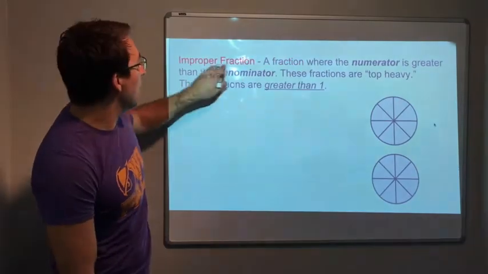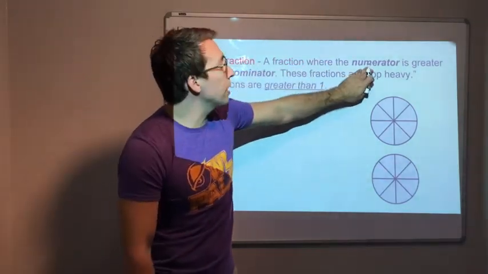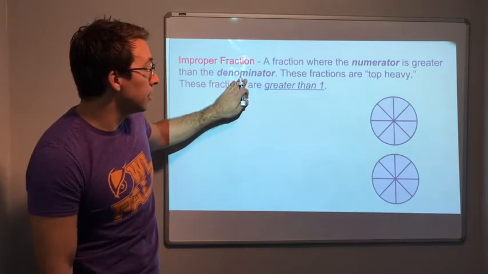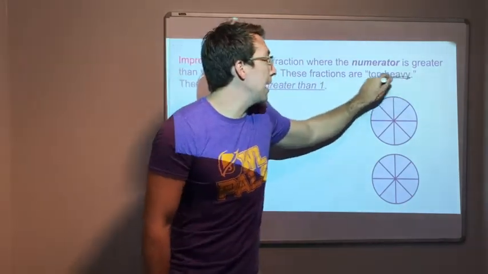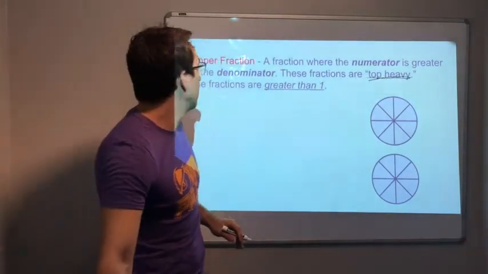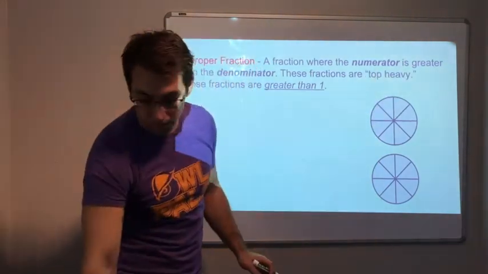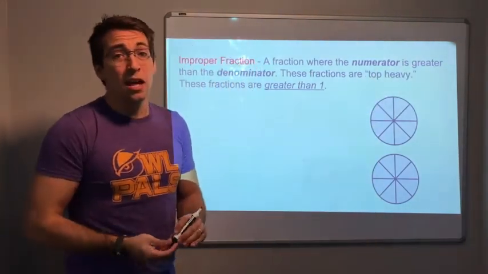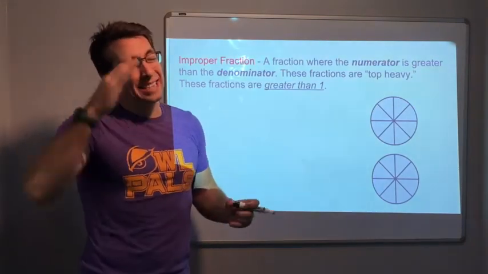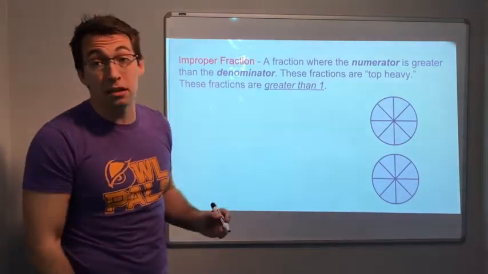Okay. Improper fraction, a fraction where the numerator is greater than the denominator. These fractions are top heavy, they're bigger on top, okay, and these fractions are greater than 1. So, last night I had 10 slices of pizza.